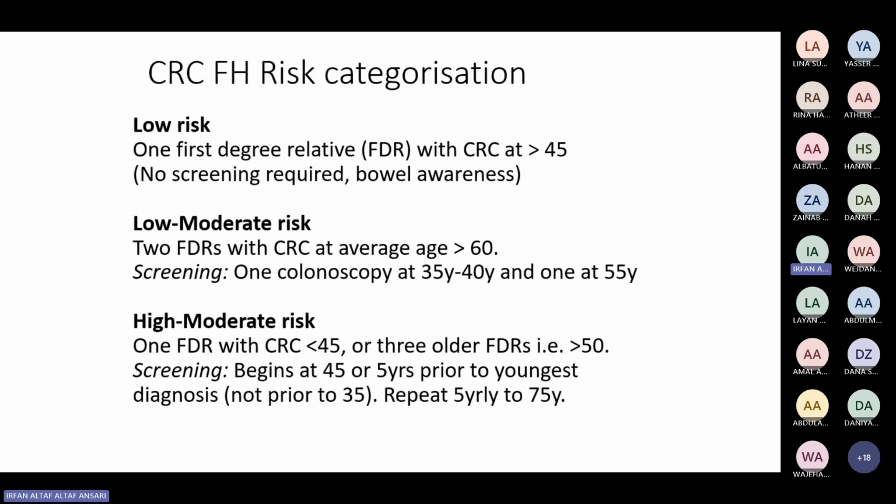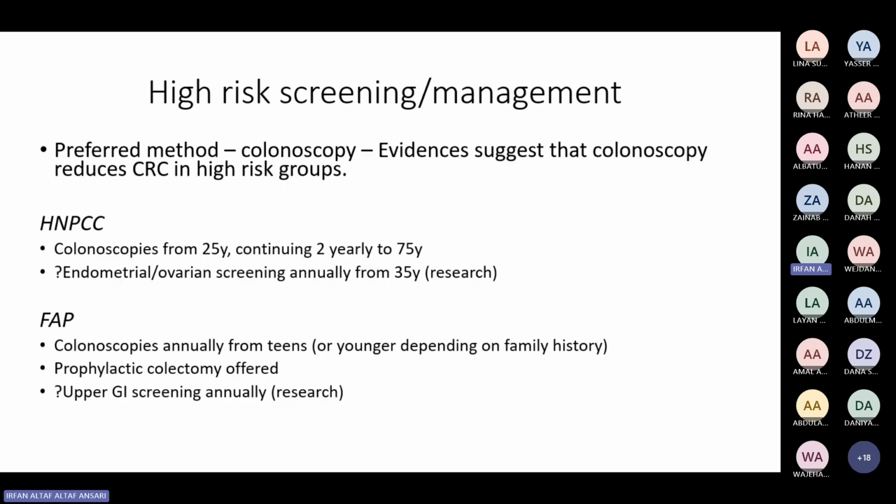Here you have 1 colonoscopy at 35 to 40 and another at 55 years. High risk is 1 first degree relative at less than 45 years or 3 first degree relatives at more than 50 years. Here you need to do the screening 5 years prior to the youngest age of diagnosis, and you keep on doing it every 5 years up to 75 years of age.